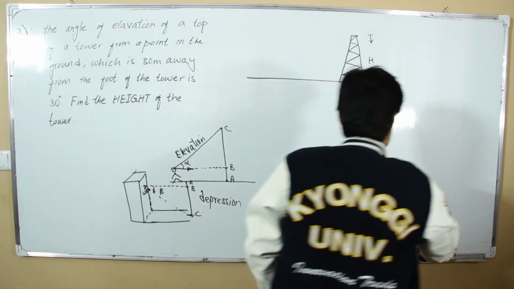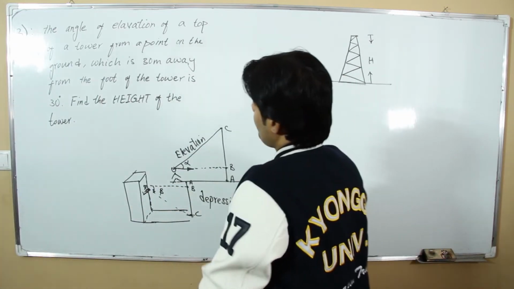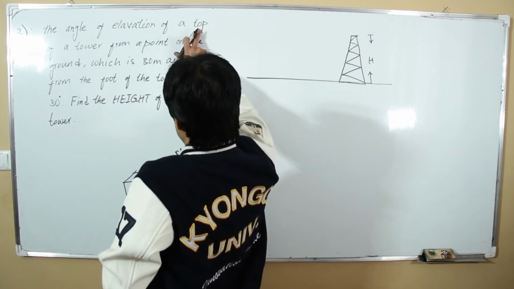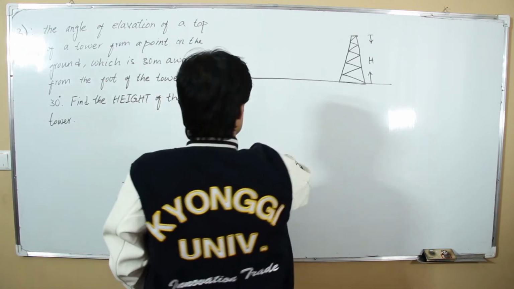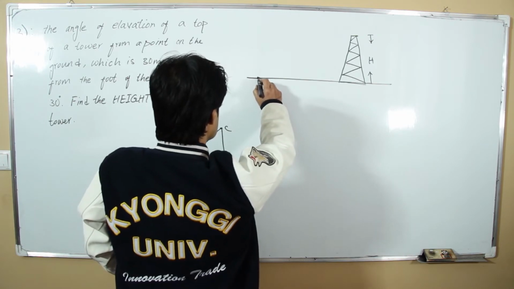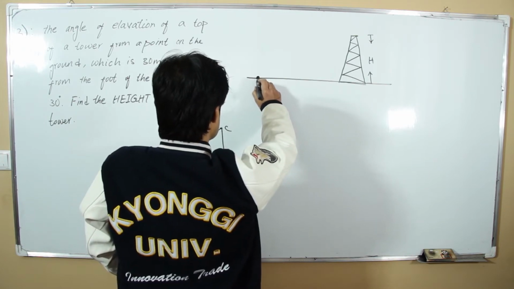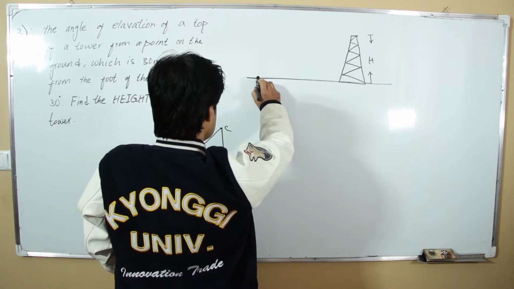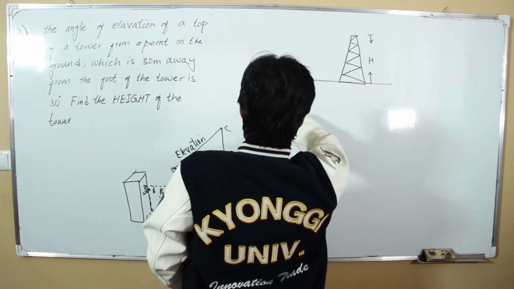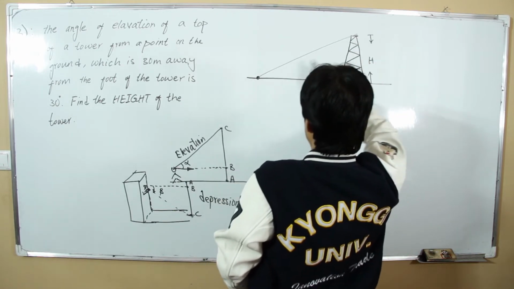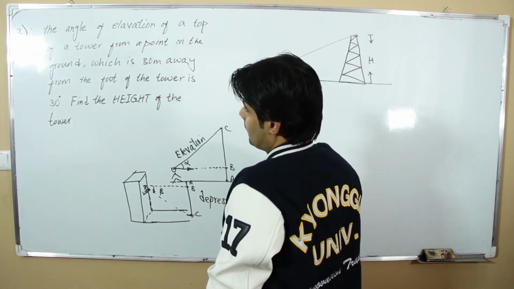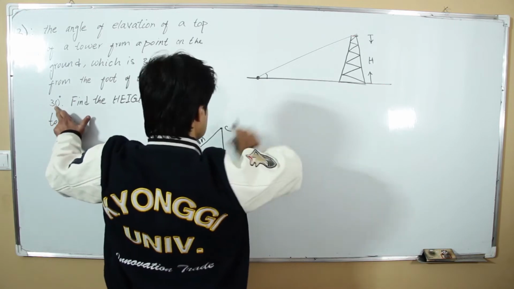Now in here our question is the angle of elevation of the top of a tower from a point on the ground. This is our ground. From some point, the angle of elevation, what does it mean? It means from the foot up to the top. This angle is the angle of elevation and is 30 degrees.